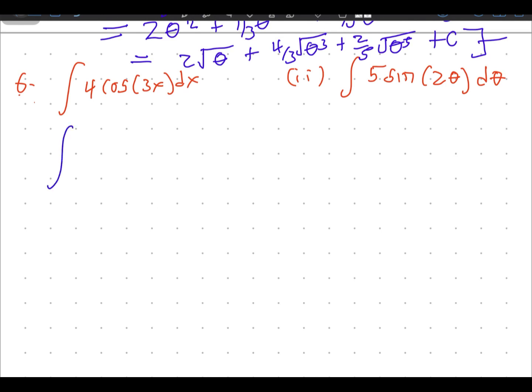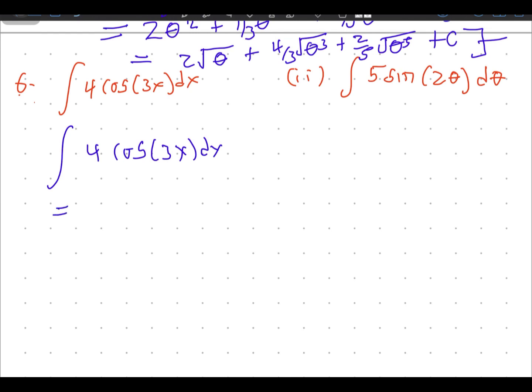So doing the integral of 4 cos 3x dx is mostly trigonometric functions, and for trigonometric functions, when you are doing the integration, this is what we do: differentiate whatever is inside the bracket and you divide, because the integration, you divide and then you integrate the cos function, the trig function as well.